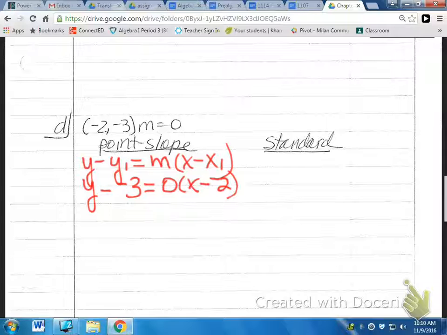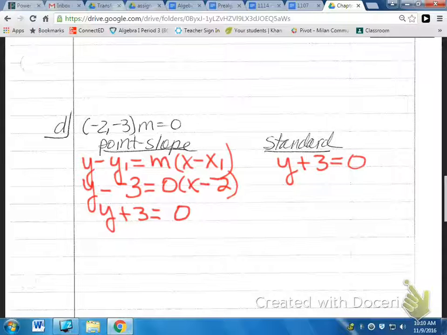So I am going to be able to put in y plus 3 equals what? 0. That is point slope form right there. Come over here to y plus 3 equals 0. There's no x. Y's on the left. I got to take the 3 to the right, and y equals -3 would be my standard form.